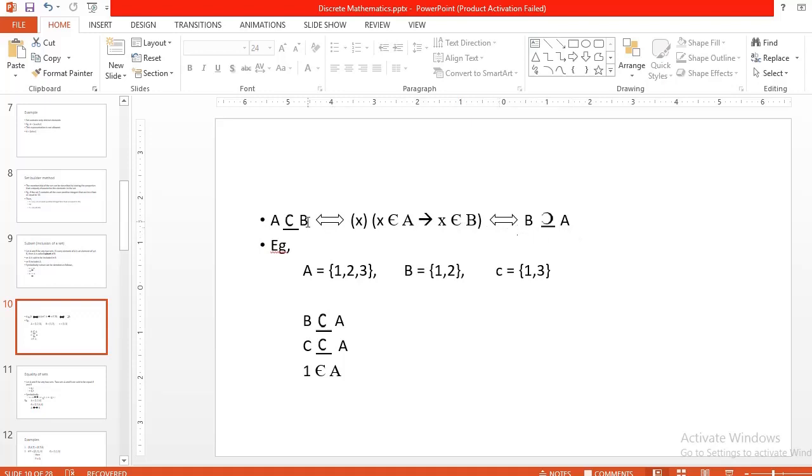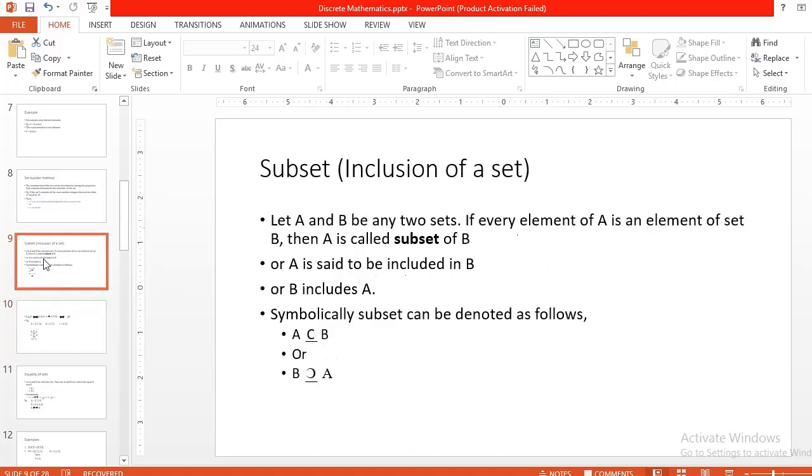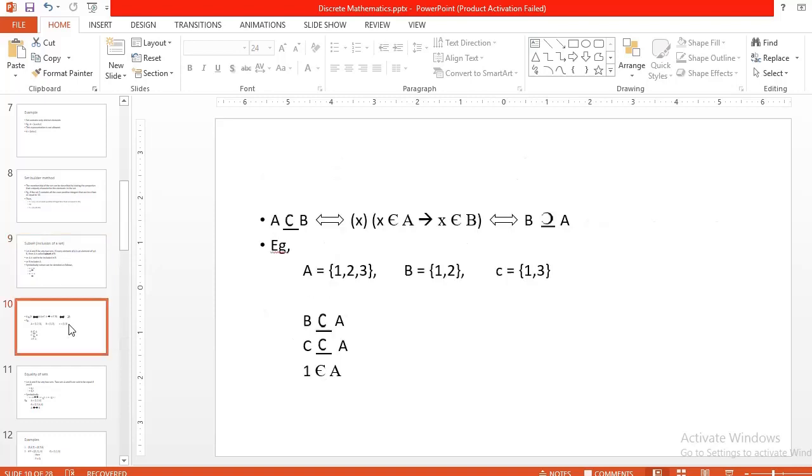So how do we define the subset? If every element of A is an element of set B, then A is called a subset of B. Now see one example. Suppose there is a set A which contains three elements 1, 2, 3. Another set B contains two elements 1, 2. Another set C contains two elements 1 and 3.